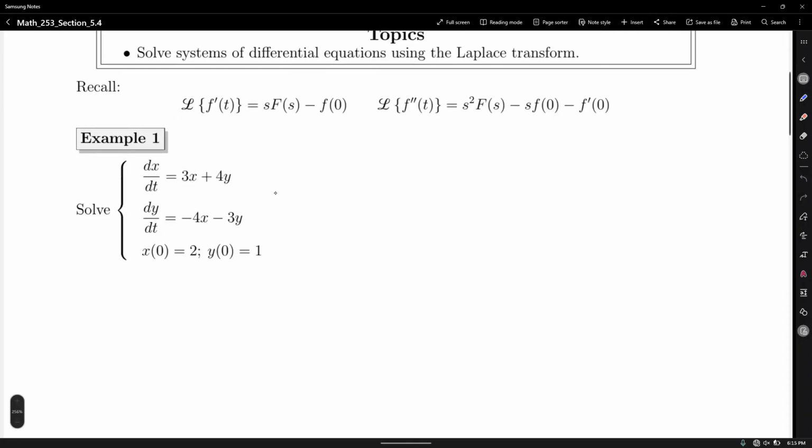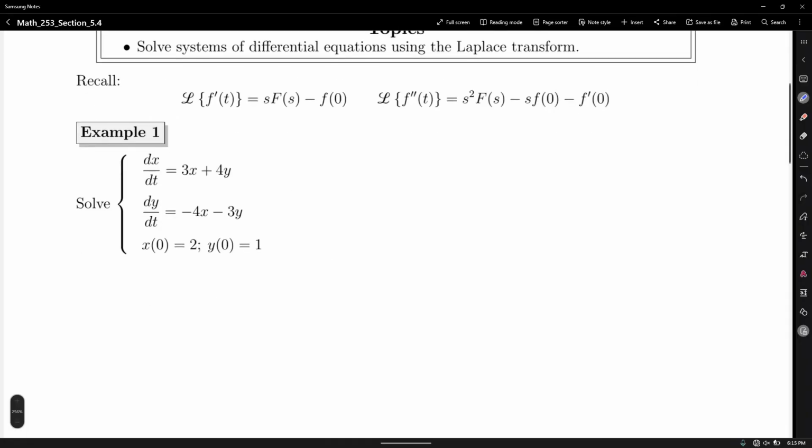Take the Laplace transform of the first differential equation, take the Laplace transform of the second differential equation, keeping in mind the initial conditions. That is, take the Laplace of dx/dt equals the Laplace of 3x plus 4y.